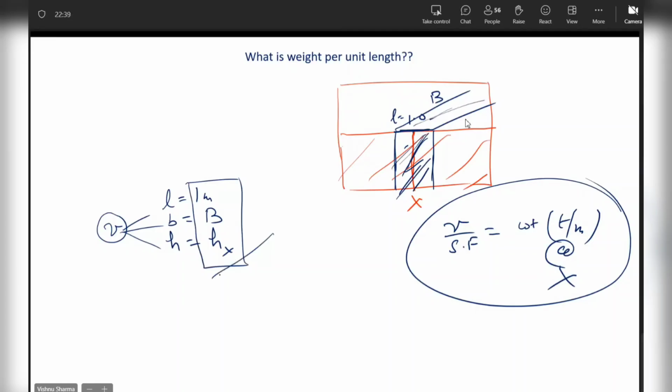And this volume, when you divide by the stowage factor, will give you the weight of that cargo, yes or no? Yes, sir. This will be the weight in tons per meter at X. Otherwise, X is a point. Somebody will say, why are you saying per meter when X does not have a length? X is a point, but what do we mean by that? Whatever is the height at that point, if that height were to continue for 1 meter, the weight of the cargo shall be the weight per unit length at X.